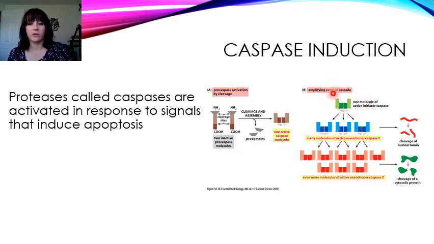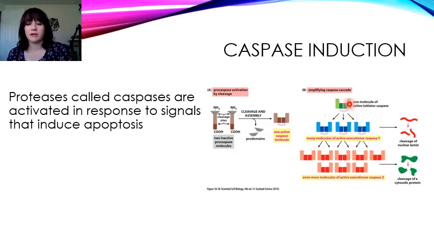See how we had one initial caspase called an initiator caspase? Because it can target more than one protein, this is going to amplify that signal, and because there are multiple levels of signaling, it's called a cascade.